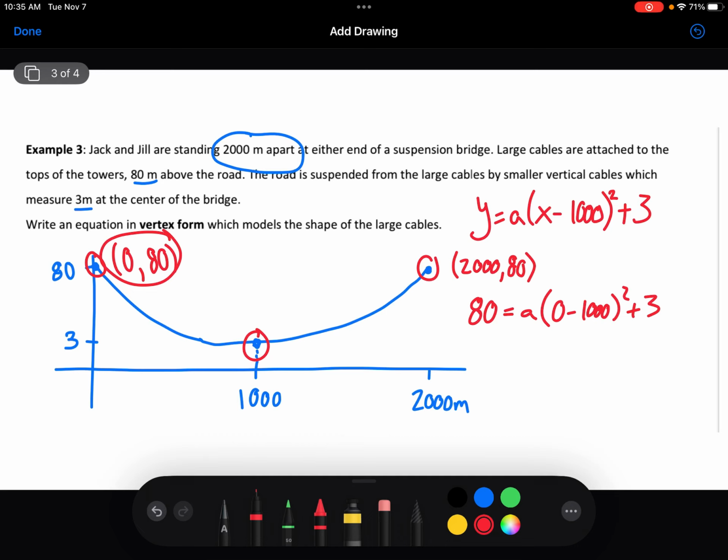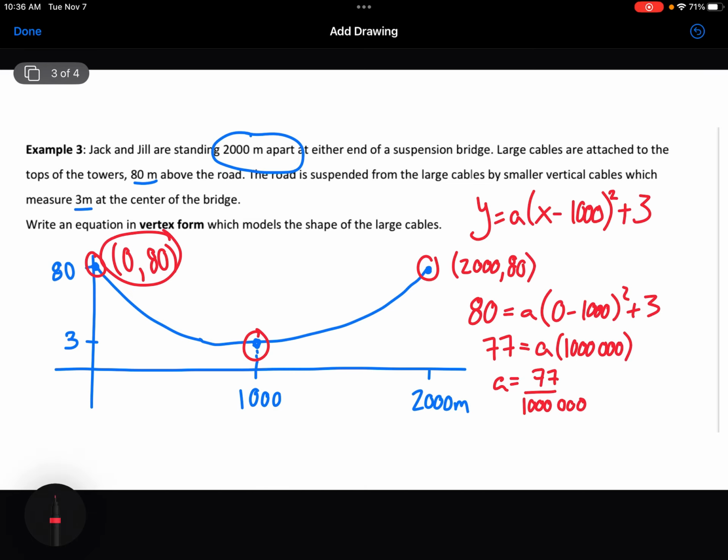So when I do this, I'm going to get 77 equals a times, now we're doing 1,000 squared, so we're going to have 6 zeros, or a million. And now we're going to get a equals 77 over 1 million. And then finally, I'm going to put it into vertex form, and I'm just going to leave that fraction.